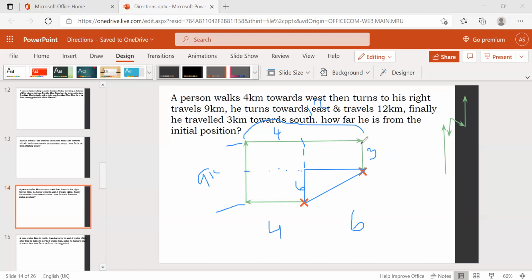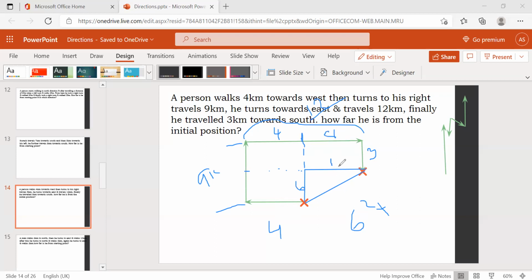Totally 9, up to here it is 3, so remaining is 6. And then what is this? This one. 6 square plus, okay, plus here. You need to find out this length. The total is 12 and up to here it is 4, and remaining 8.